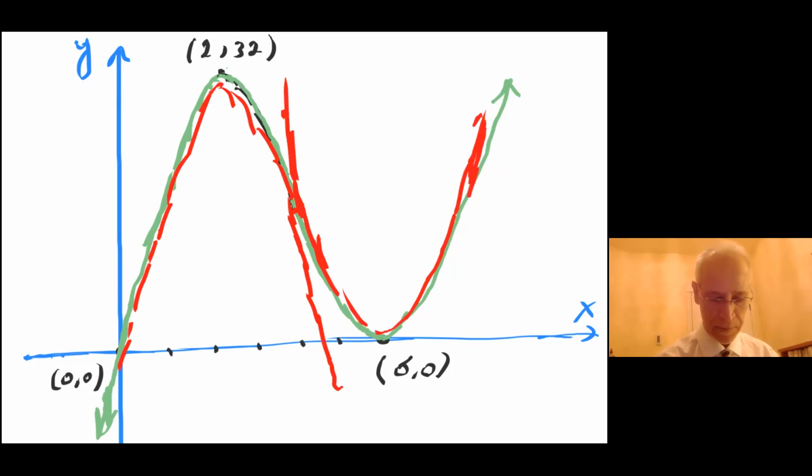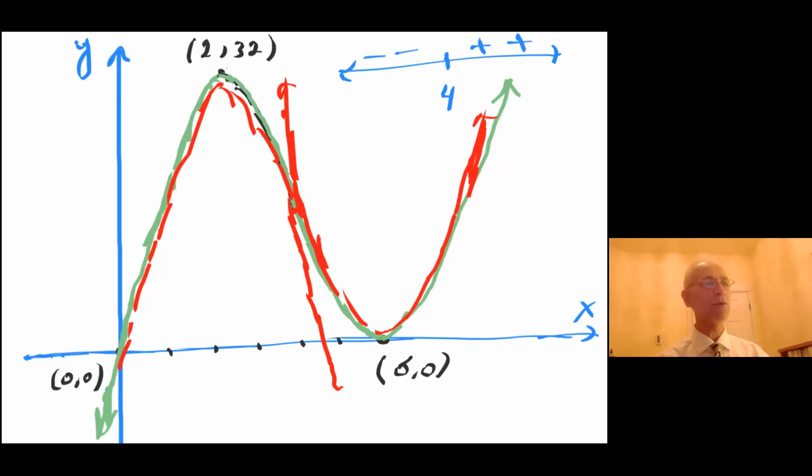So once again, remember we took the second derivative, we set it equal to 0, and the critical point was 4, and we tested numbers. We got negatives to the left of 4 and positive to the right of 4. So the graph is concave down to the left of 4, and it is concave up to the right of 4.